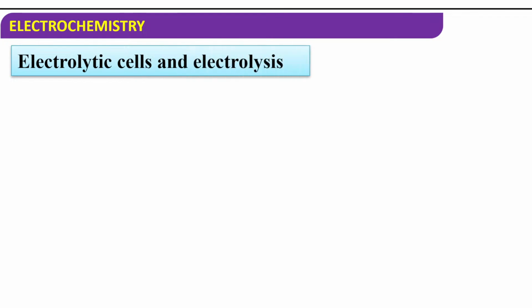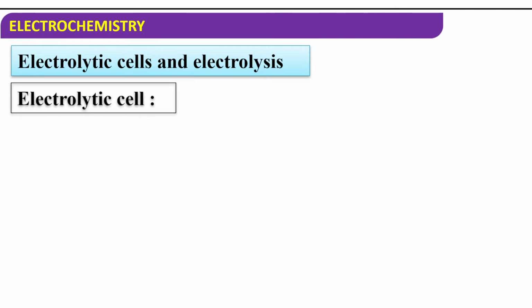So first, what is an electrolytic cell? Electrolytic cell and galvanic cell, these are the two types of electrochemical cells: electrolytic and galvanic or voltaic. A galvanic cell is the one in which a chemical reaction takes place on its own and produces electric energy.